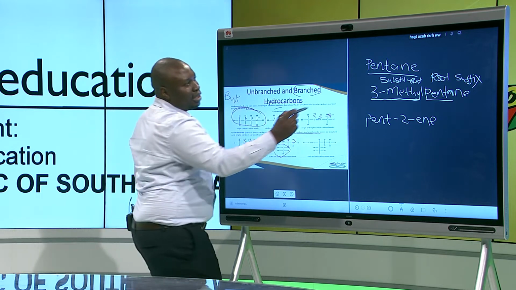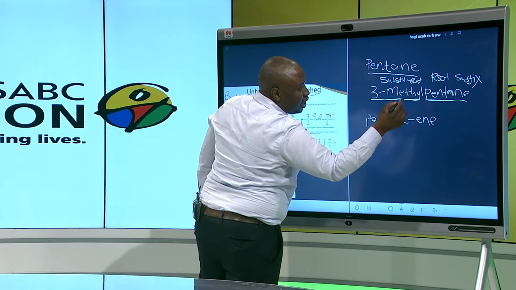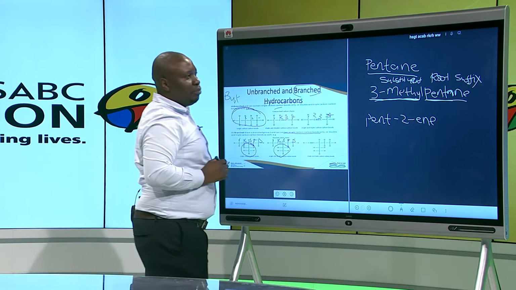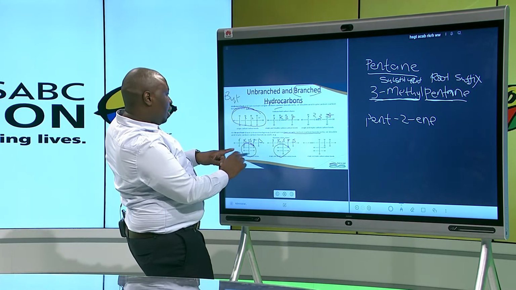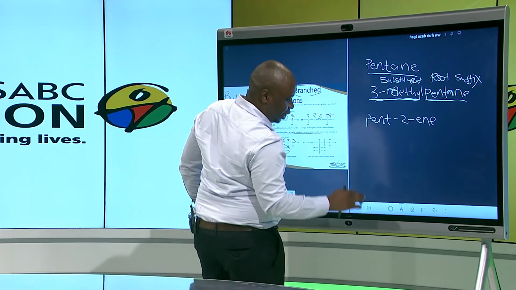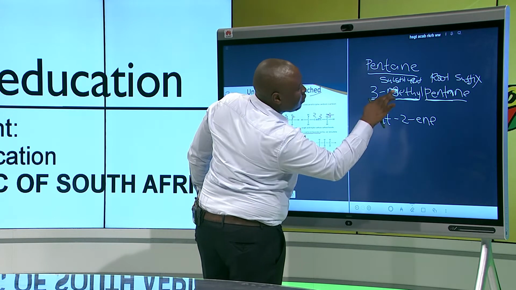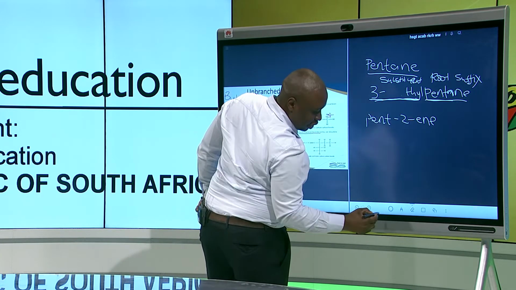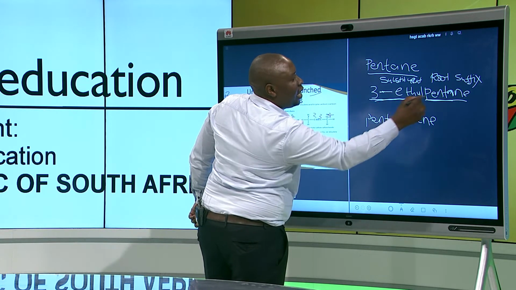So 3-methyl pentane is telling us that in the structure of pentane, in carbon number 3, we have replaced a hydrogen with a methyl. In this case, it will be 3-ethyl because this is 5 hydrogens. So this will be 3-ethyl pentane.